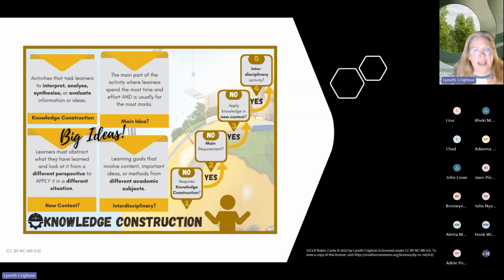And then they had to create the artwork to protest the area that they were representing. So it was in a new context because they weren't just filling in a worksheet or creating a PowerPoint from the information that they already knew.